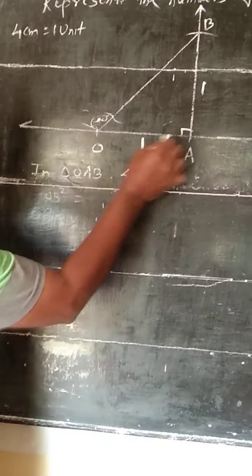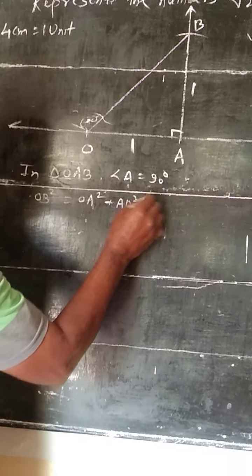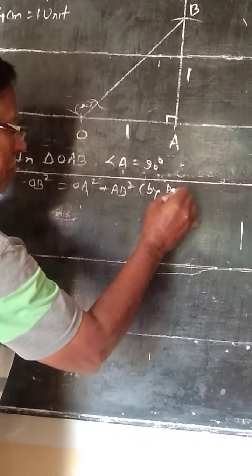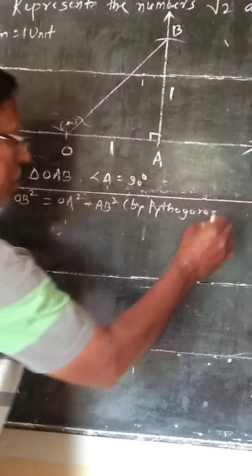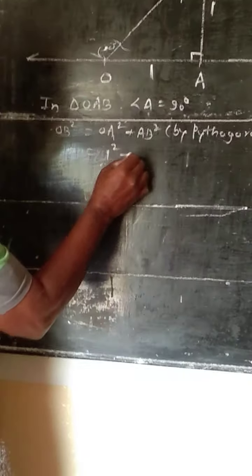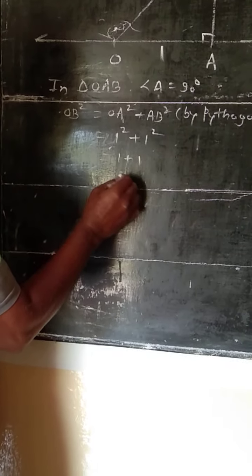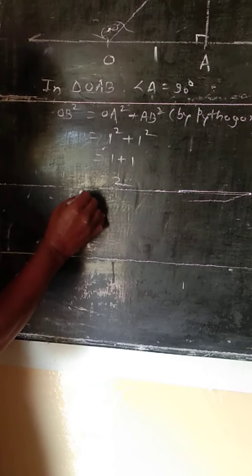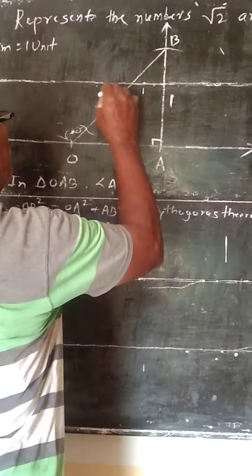OB square is equal to OA square plus AB square by Pythagoras theorem. Then OA is 1 square, AB is also 1 square, 1 plus 1, this is 2. And taking the square root of both sides, OB is equal to root 2. This distance is root 2.